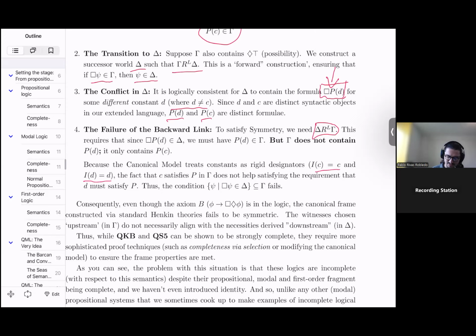So the fact that C satisfies P in gamma does not help satisfying the requirement that D must satisfy P. Thus, this condition fails because we cannot establish this. So the idea is that this is now more clear. Sorry that yesterday was a little bit convoluted. I hope that this is clearer now.